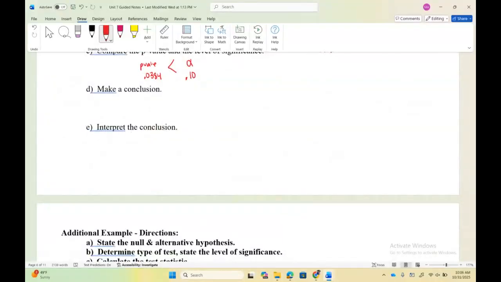Okay, so this means we are going to reject the null hypothesis. My conclusion is that I support the alternative and that the sample mean of that 79.5 is statistically significant.